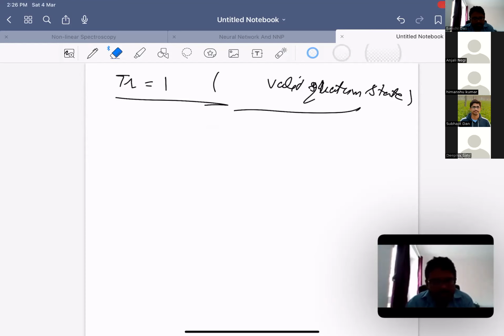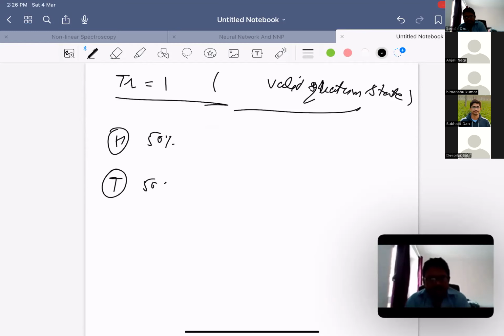Suppose we toss a coin, and we have two outcomes, either head or tail. There is a 50% possibility that head arrives and a 50% possibility that tail arrives.